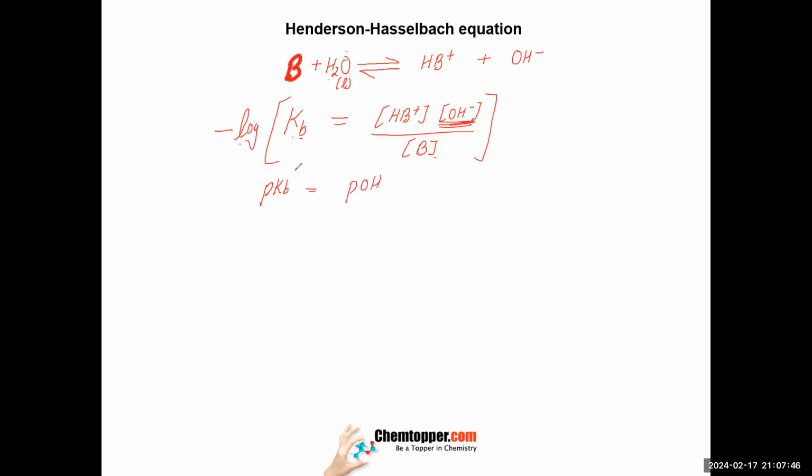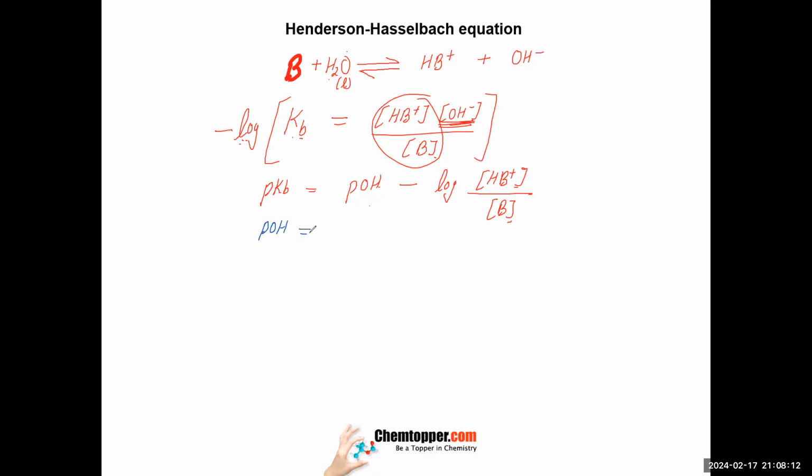Very good. Negative log of the rest of the thing here. So it is the negative log of the conjugate acid over the weak base. Rearrange this equation for pOH.